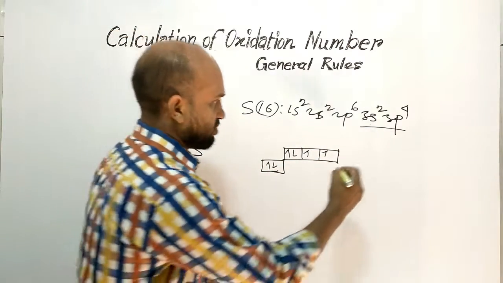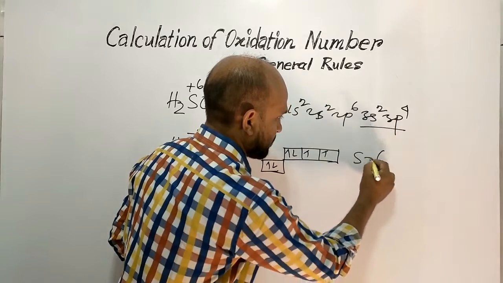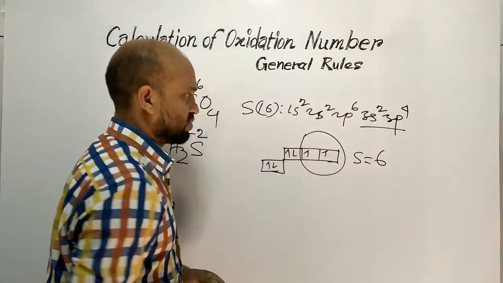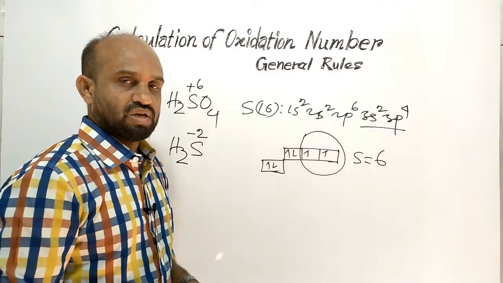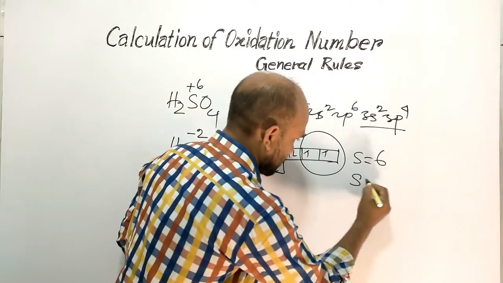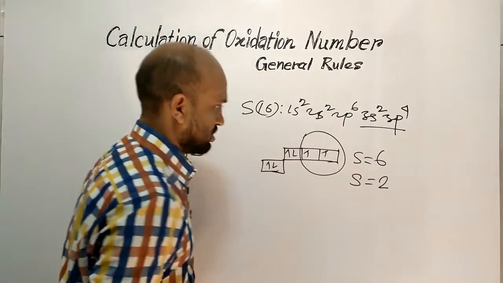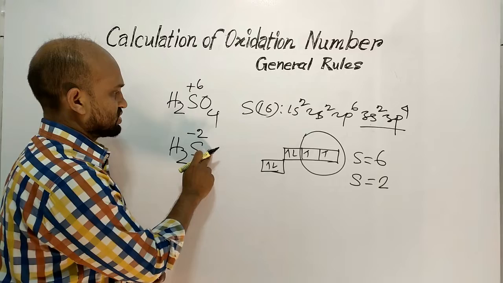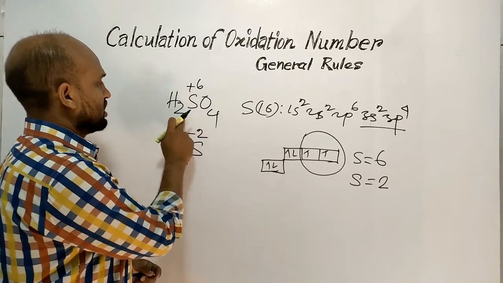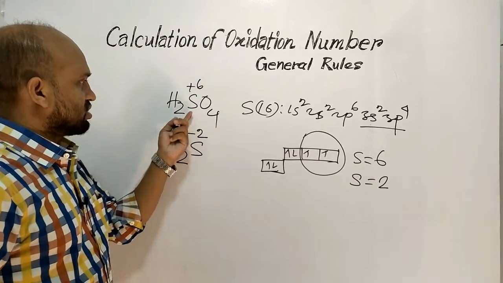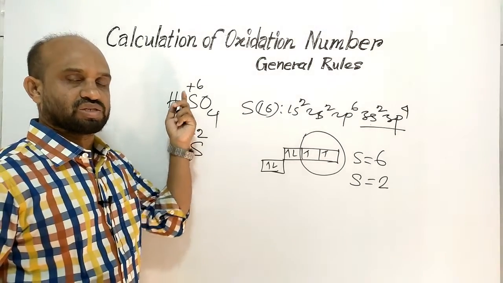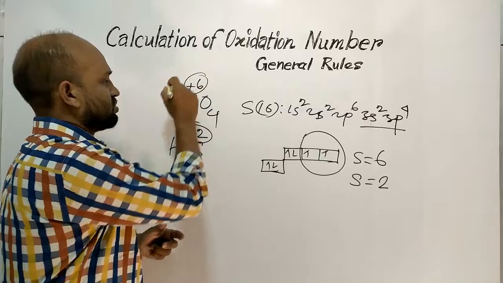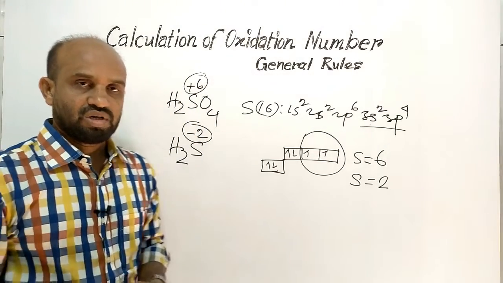So this is the maximum oxidation number of sulfur. And in the outermost shell the total number of unpaired electrons is 2. So the minimum oxidation number is 2. That is why in hydrogen sulfide the oxidation number of sulfur is minus 2, and in sulfuric acid the oxidation number of sulfur is plus 6. This is the minimum oxidation number, this is the maximum oxidation number.